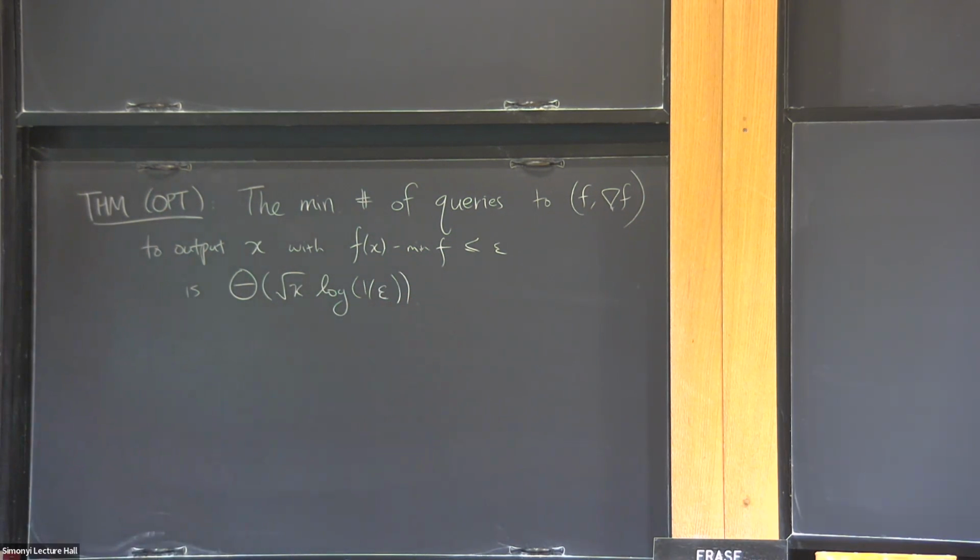And so this is the query complexity of strongly convex and smooth minimization. It scales as square root of the condition number times log of 1 over the desired accuracy.